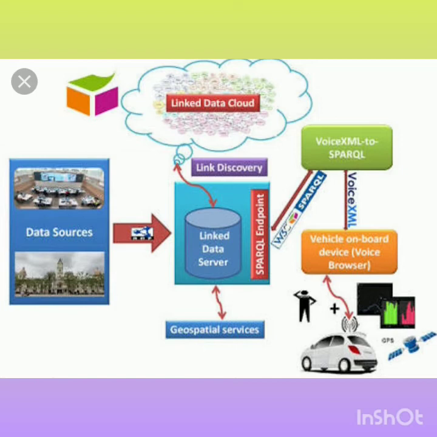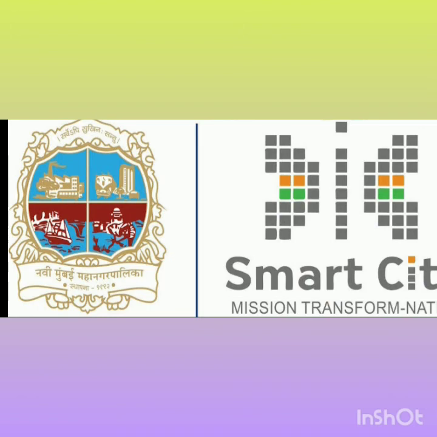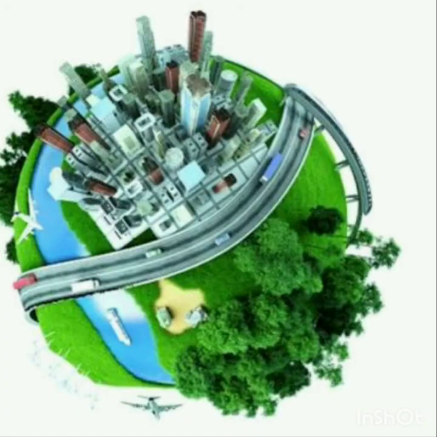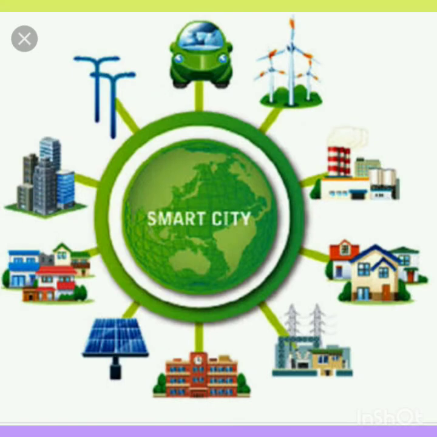In a smart city, government and municipal officers can interact directly with the people of the city using ICT and address issues immediately, thereby improving efficiency. It is predicted that by the year 2050, 70% of the world's population will live in urban areas. Smart cities are being developed as a solution to the problems associated with urbanization.